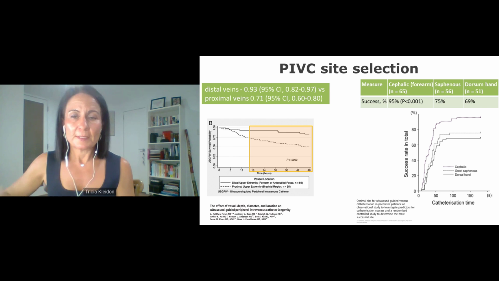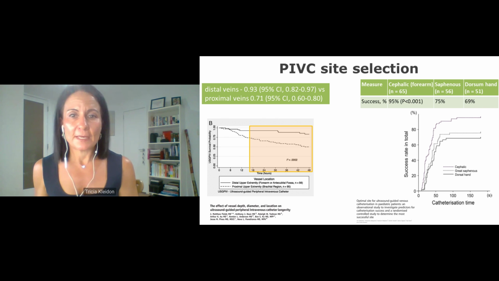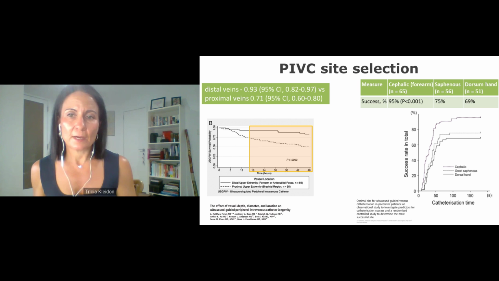So once we've decided that a PRVC is the most appropriate device, whether it's a short or long PRVC, we need to optimise the chance of survival of the catheter by carefully choosing the insertion site. So in this study by Fields in 2012 in adult patients, they reported ultrasound-guided PRVC insertion in the antecubital fossa or forearm was associated with improved survival compared to more proximal placements in the region of the brachial or basilic veins above the elbow.